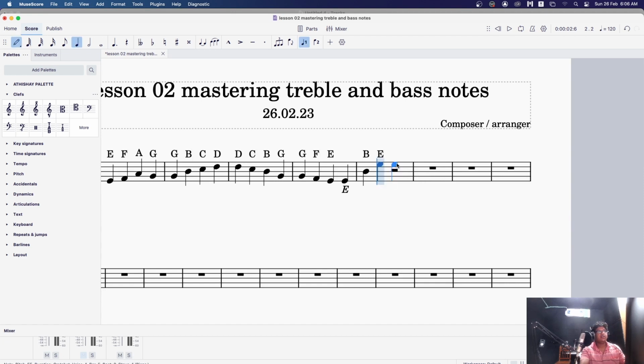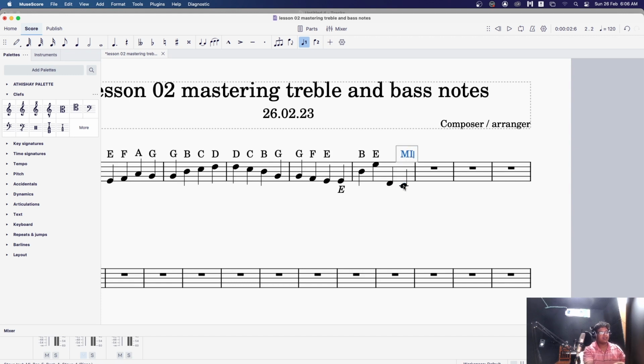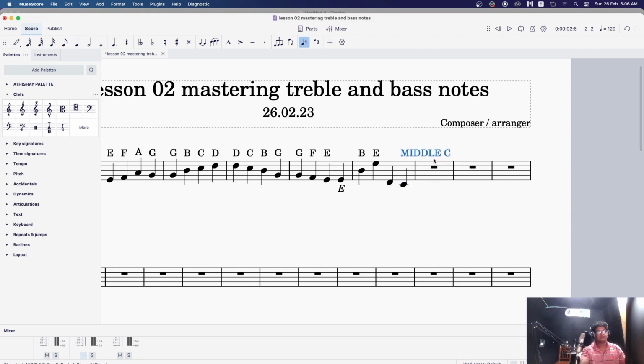So the first line, the note below it is called D. Below that first line is D, and the first ledger line, this one, is called C. This is also called middle C. What is this?